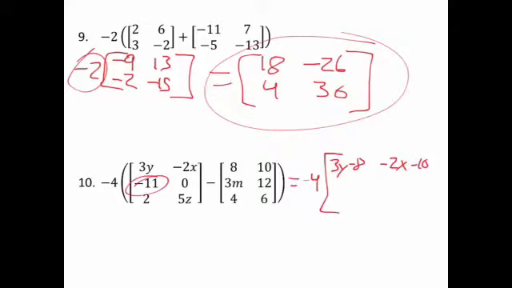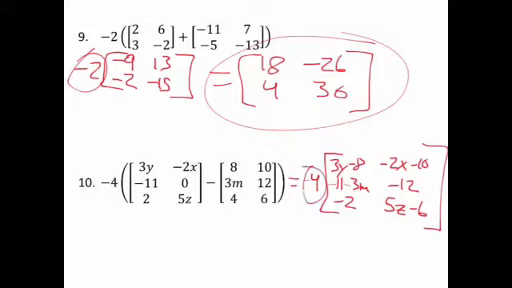Next part, I got -11 minus 3m. Notice how these don't combine. Alright, something that actually combines. So 0 minus 12 is going to give me -12. Next piece, 2 minus 4 is going to give me -2. And then 5z minus 6 is just going to give me 5z minus 6.